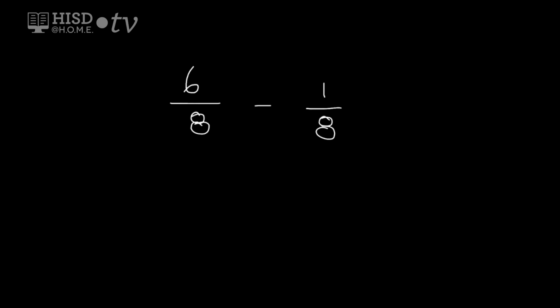Well, the subtraction works the same way as addition. The denominator is going to remain the same, and I'm only going to subtract the numerator. 6 minus 1 would be 5, and this will be my new result, which is 5 slices out of 8 slices on a pizza.